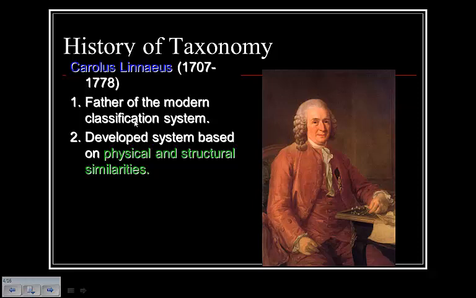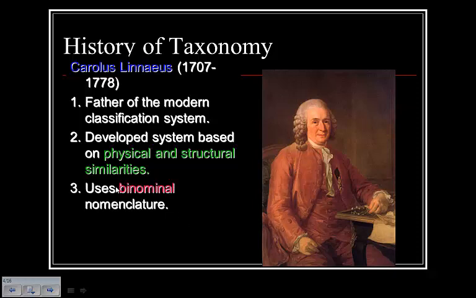So all those little things that I've been telling you about, store them in your memory banks, because you'll hear test questions on this, common standardized test questions. This is one: Carolus Linnaeus is the father of the modern classification system. It's the one that we use now, and it's based on physical and structural similarities.